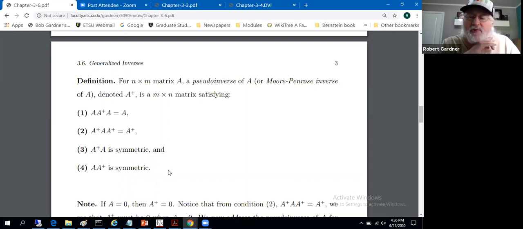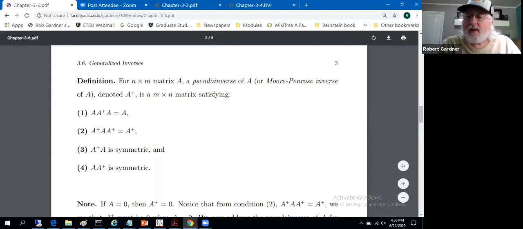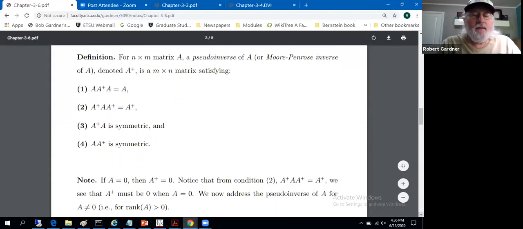We'll do some things with transposes in the proofs, and properties 3 and 4 will allow us, in certain cases, to ignore transposes because we've got symmetric matrices. And the first two will allow us to do some substitutions for A and the pseudo inverse of A in terms of some different products.